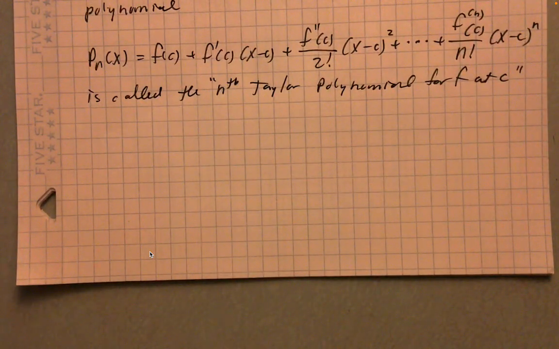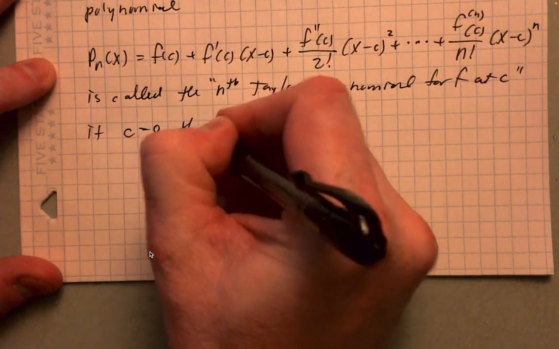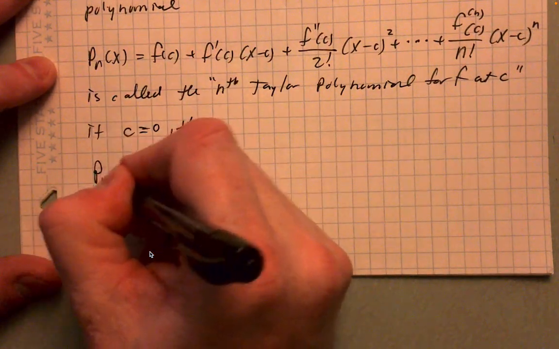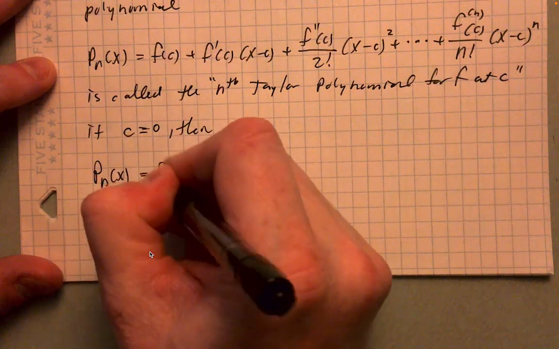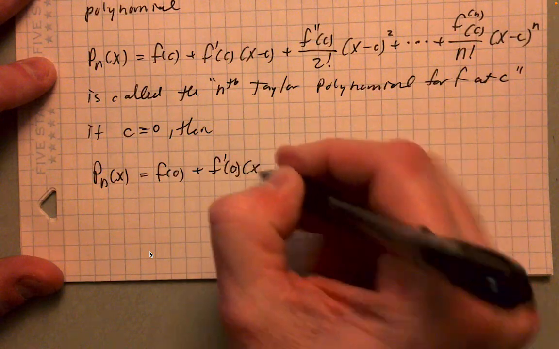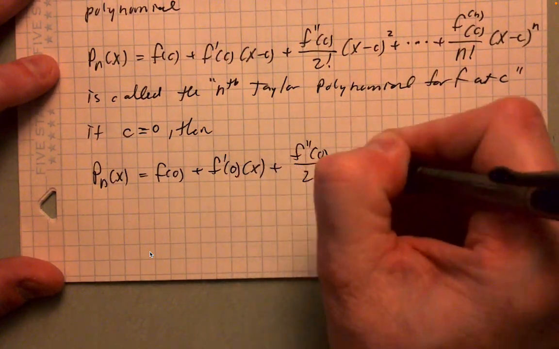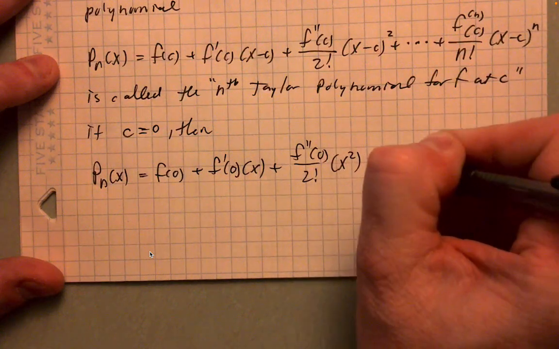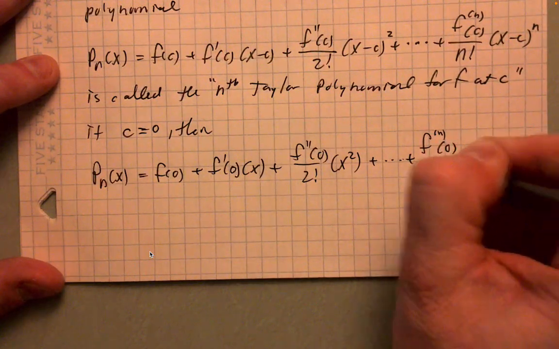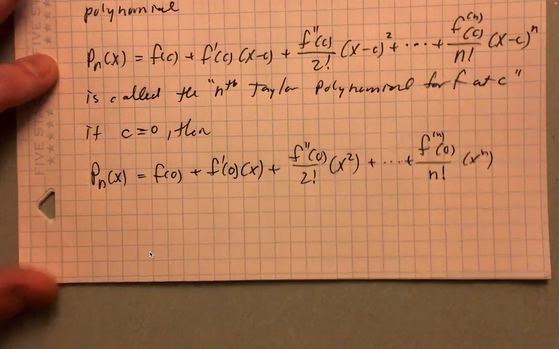Now, a special case: if c equals 0, then P sub n of x is equal to f of 0 plus f prime of 0 times x plus f double prime of 0 over 2 factorial times x squared plus dot dot dot plus the nth derivative evaluated at 0 over n factorial times x to the n.